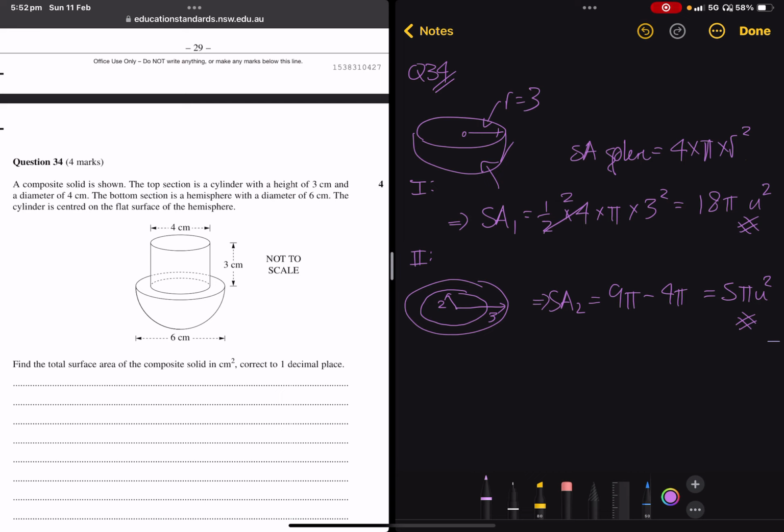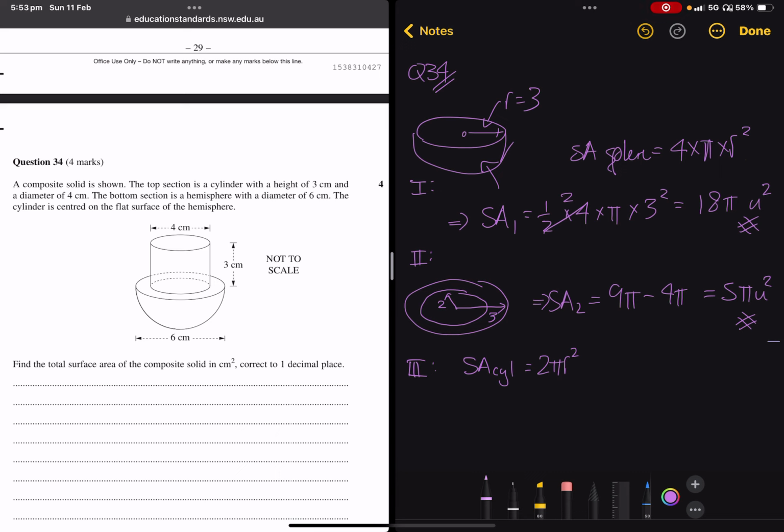Now we just need the outside of the cylinder and then the top of the cylinder. We can do these separately if we want. The surface area of a standard cylinder is equal to 2 pi r squared, which is one circle on the top, one circle on the bottom.